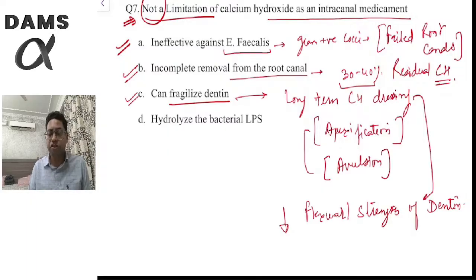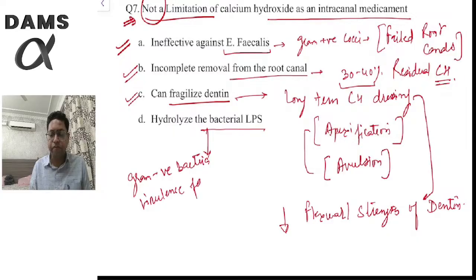Now coming over to option D, hydrolyze the bacterial LPS. So it is basically the mechanism of action. Whenever gram-negative bacteria are present inside the root canal, they have a virulence factor of lipopolysaccharide.